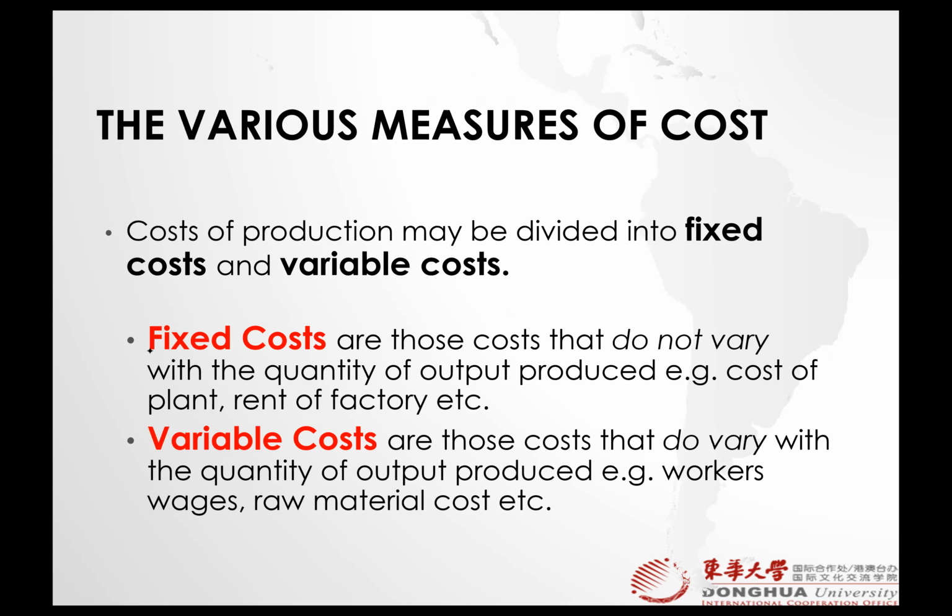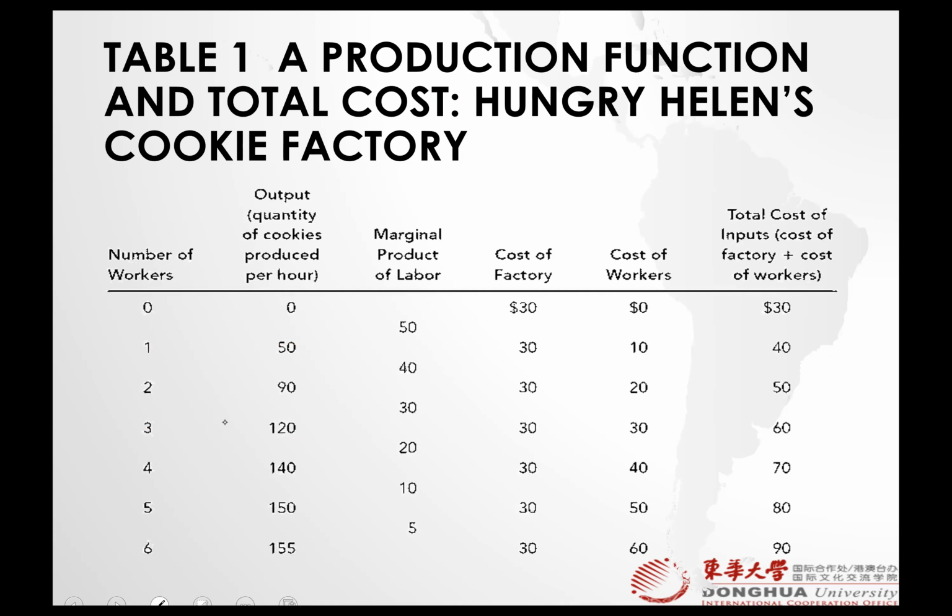We call this fixed cost. Variable cost does vary with the level of output. If you produce 2 units, cost will be lower. If you produce 1 million units, cost will be greater. For example, workers' wages and raw material cost. These are variable cost.